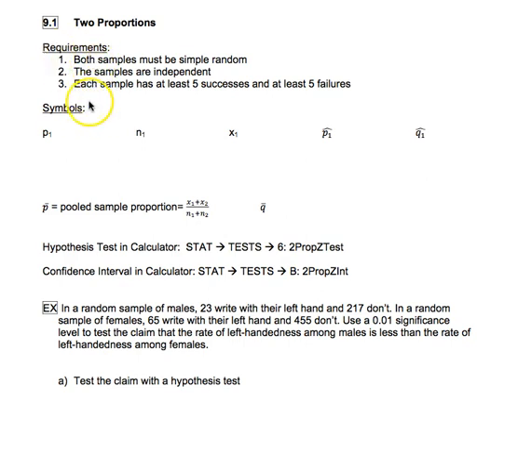We, of course, have requirements in order to use the methods in this section. Both of our samples have to be simple random, so make sure it's a good type of sampling first. The samples have to be independent of one another, so what happens in the first sample cannot affect what happens in the second sample. And each of the samples has to have at least 5 successes and at least 5 failures.